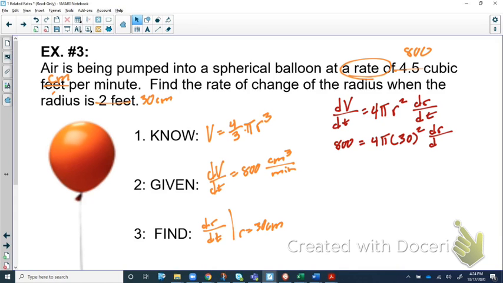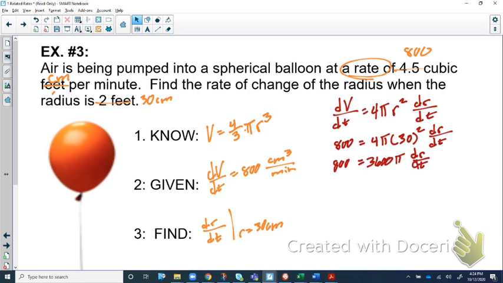Now, I could have looked at it as a literal equation and just divided everything by 4 pi r squared to get dr dt by itself, but because dV dt is already a fraction, I'm not keen on having fractions over fractions, if I can avoid it. So 800 is equal to 900 times 4, that would be 3600 pi times dr dt.